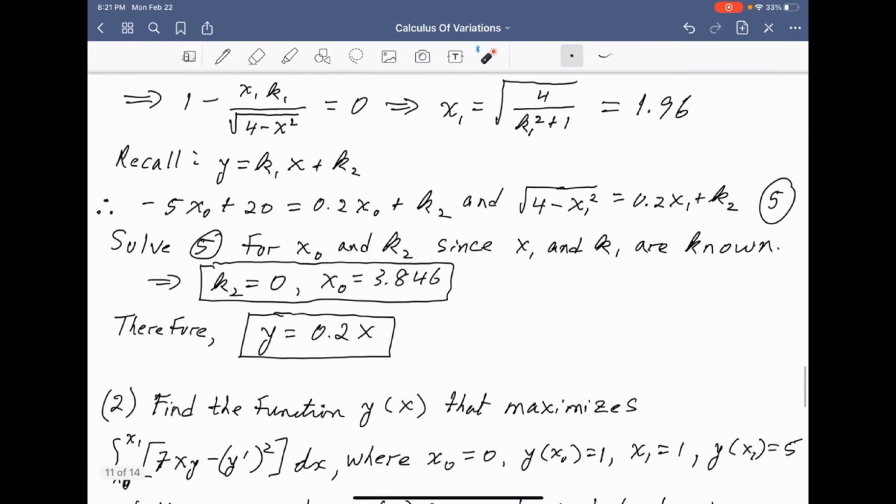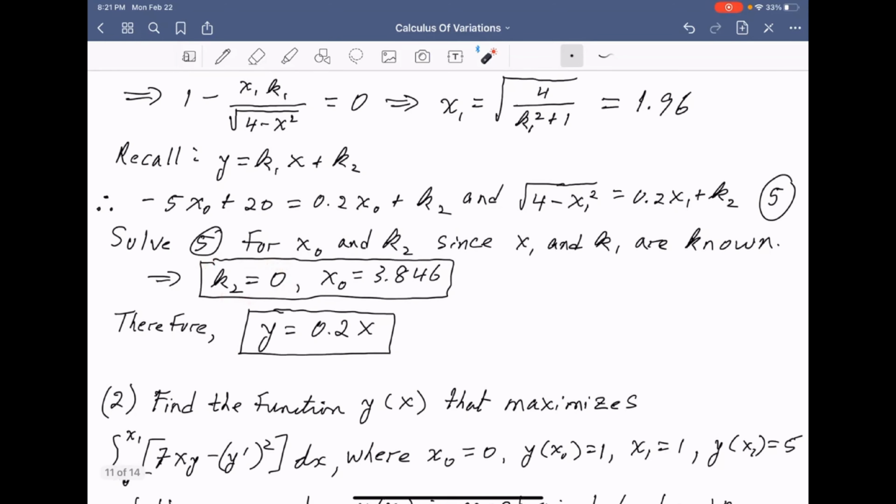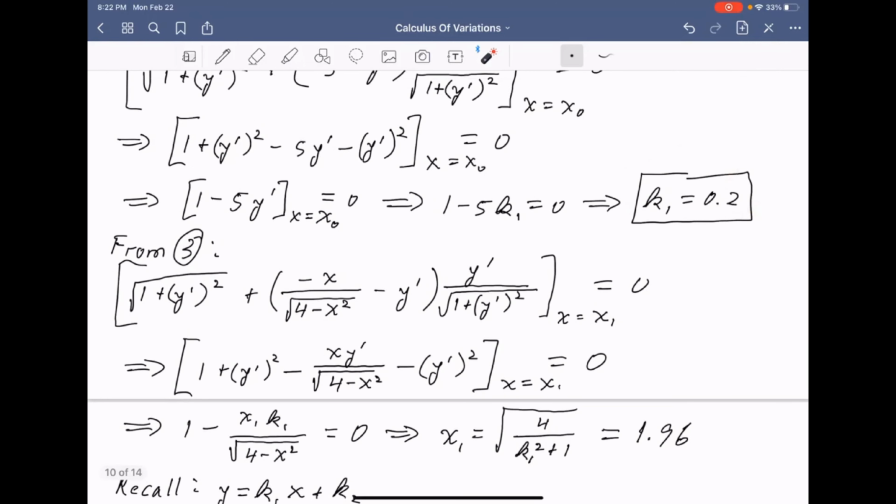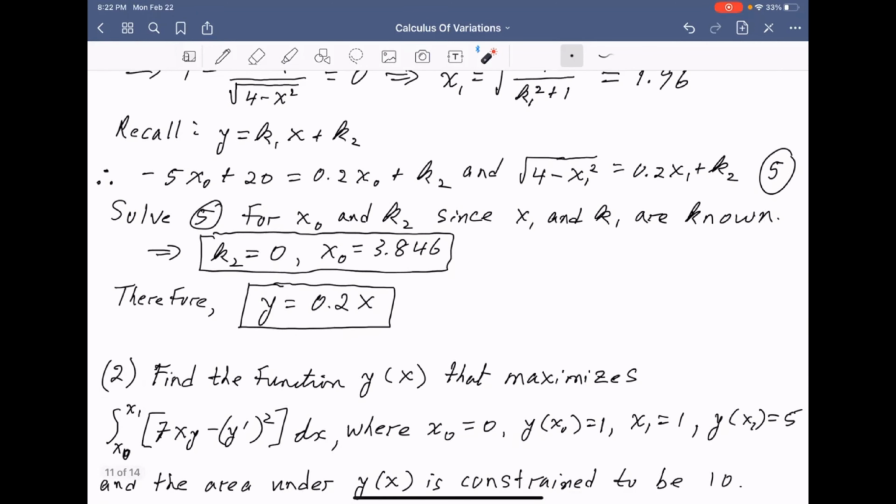So then, doing so, we find that k2 is equal to 0, and x naught is equal to 3.846, and therefore when we plug in k2, we get a 0, and we plug in the k1 from previously, from way up here. k1 is 0.2, and we get the function y equals 0.2x.